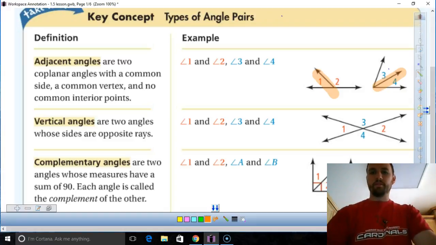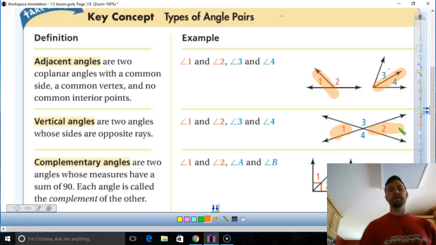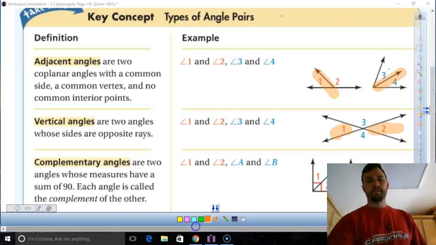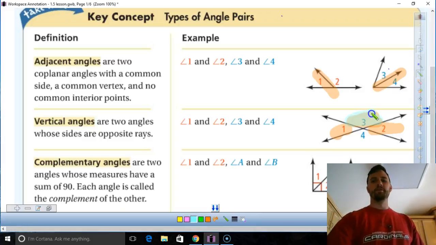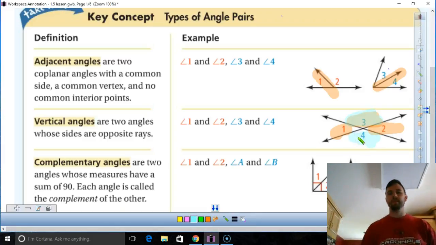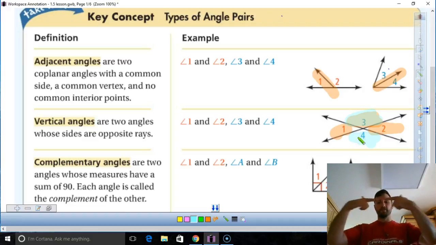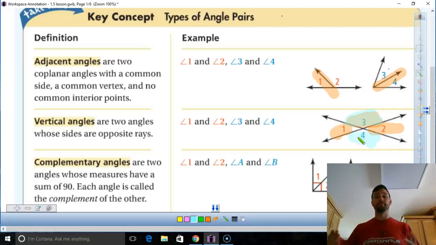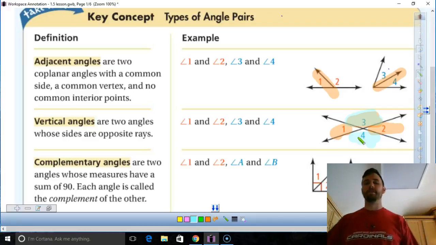Okay, see that? I'll use my highlighter tool again. Angle 1 and 2 are equal, and you can kind of look at it and see an angle. Angle 3 and 4 are congruent, right? Bow tie angles, vertical angles. Vertical angles, the vertexes point at each other. Something here's got to click with you guys.